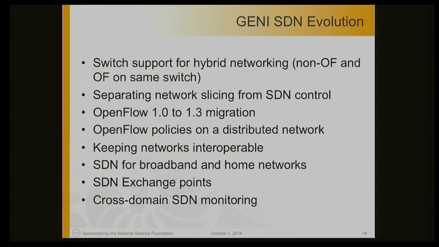Things that we're thinking about doing next with this in GENI, as I mentioned, we expect to migrate to 1.3. We expect to see better support for hybrid networks. That means single switches that will support both OpenFlow and non-OpenFlow flows in the same switch, so isolated by interface or perhaps by VLAN.